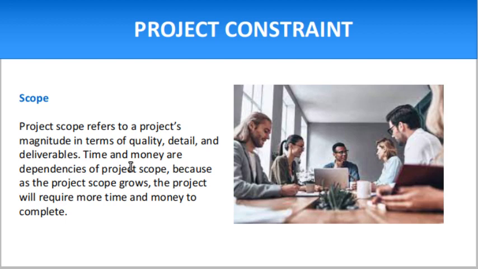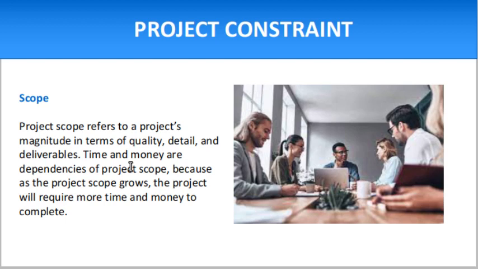Whenever we talk about scope, we are talking about the deliverables which we are going to deliver to a customer. For example, if you are implementing an ERP solution and you are delivering, for example, 5 modules, such as supply chain, manufacturing, finance and accounting, etc. So scope is a limitation of a project.